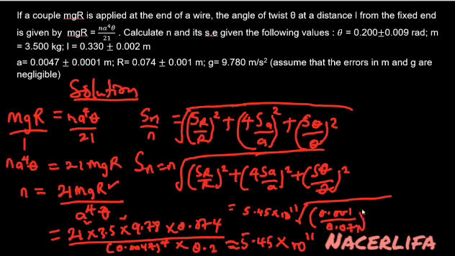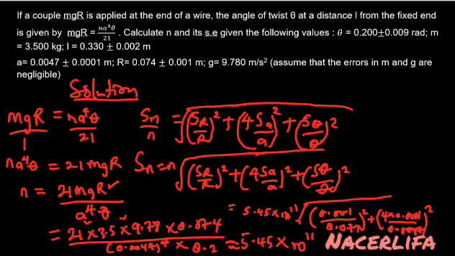We square it, plus 4 times the standard error in A, which is 0.0001, upon A, the actual value 0.0047.